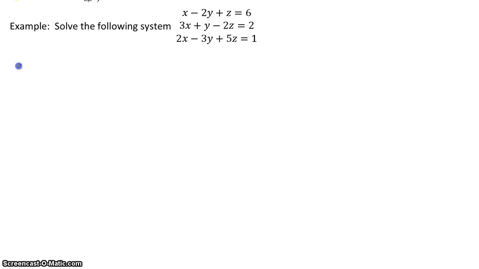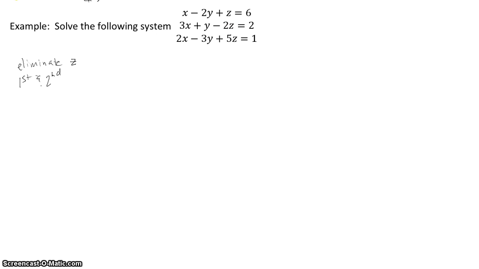I'm going to eliminate z. So if I'm going to eliminate z, I need to pick two equations, first and second. Doesn't matter which ones we do. As you can see, the z's don't match up.